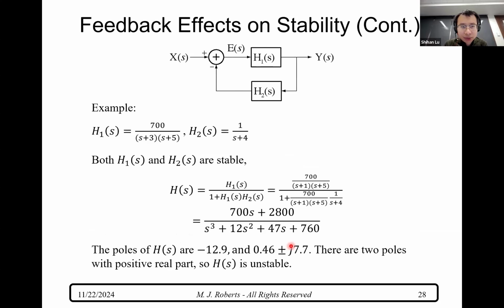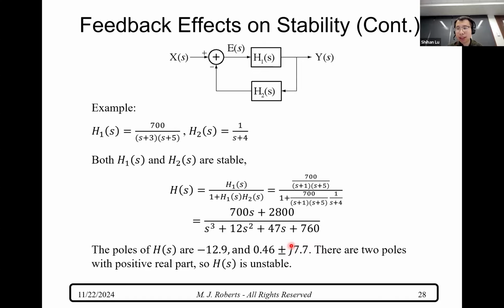And now, one more example, still about the effects of feedback on system stability. Now the original system h1 of s is 700 over s plus 3 times s plus 5. So h1 of s, the original system, is still stable, right? Both poles of h1 of s are -3 and -5.